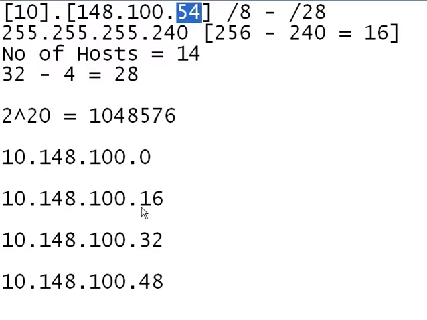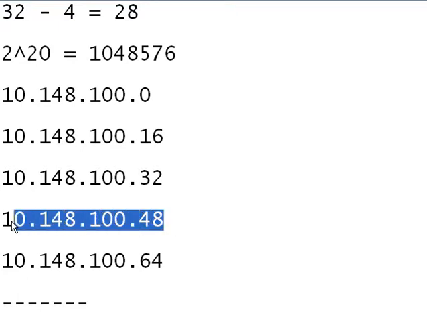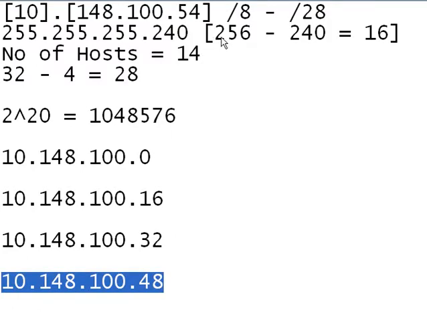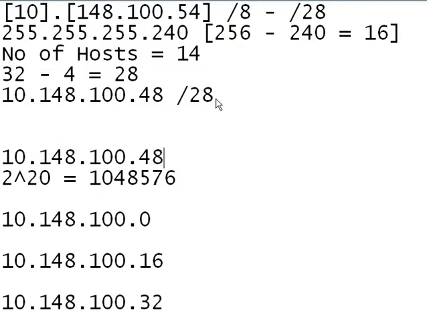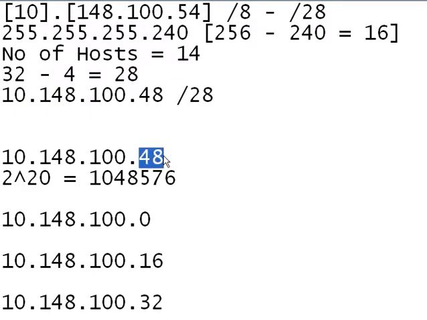You can see the next is 64, so 63 will be your broadcast address of the subnetwork which this particular IP belongs to.